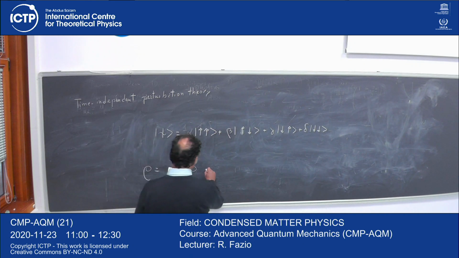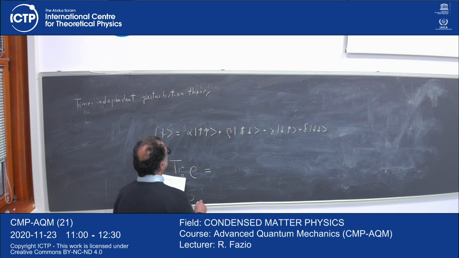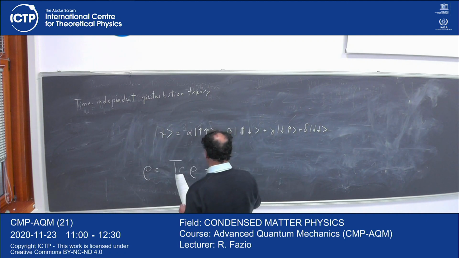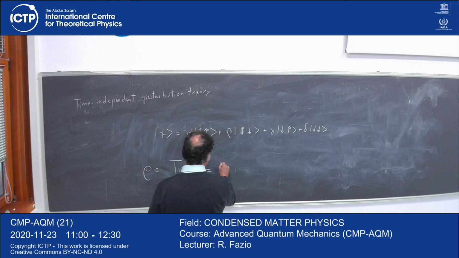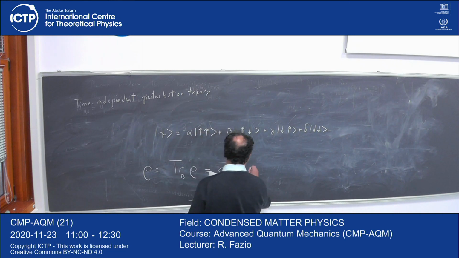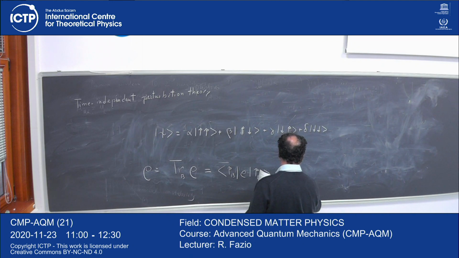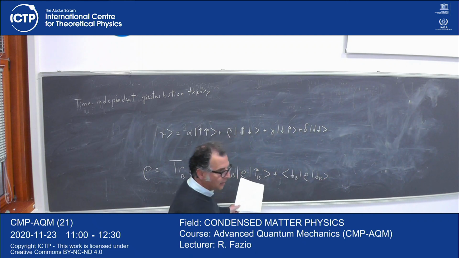So this means that, for instance, let me just write it this way: up B of rho up B, plus down B of rho down B. Do you agree with this?